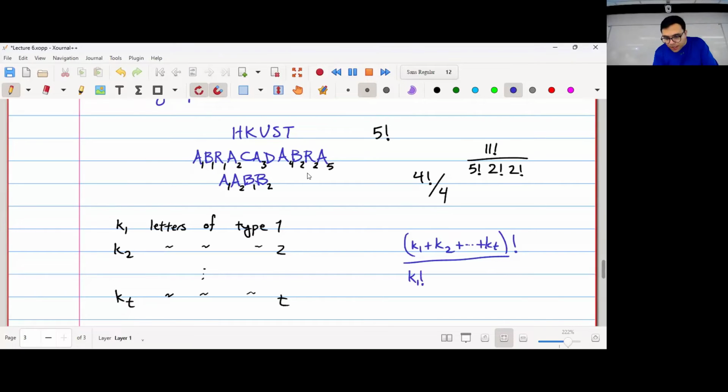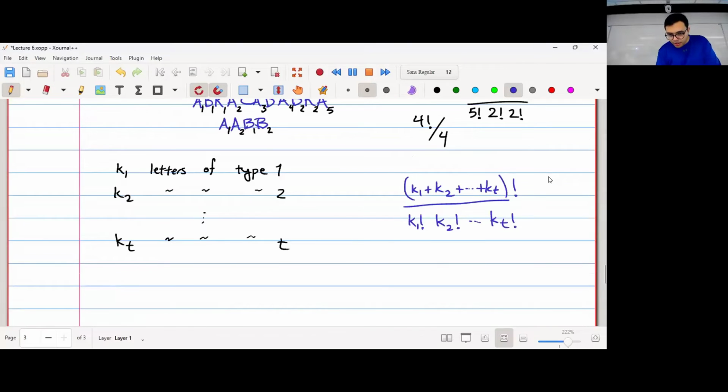And then for the same reason, I have to also divide it by K2 factorial, so on to KT factorial. Or if we want to write it a little bit nicer, it would be the sum of Ki, i from 1 to T, the whole thing factorial, over the product of i from 1 to T of Ki factorial.